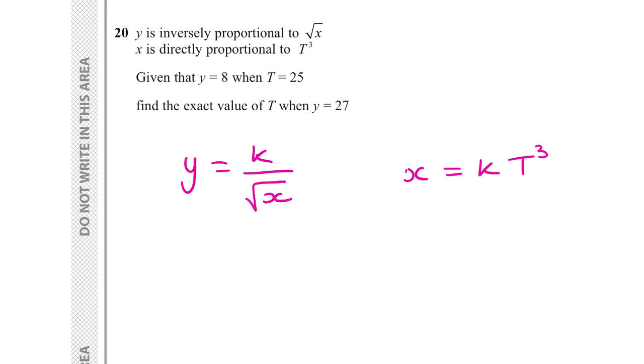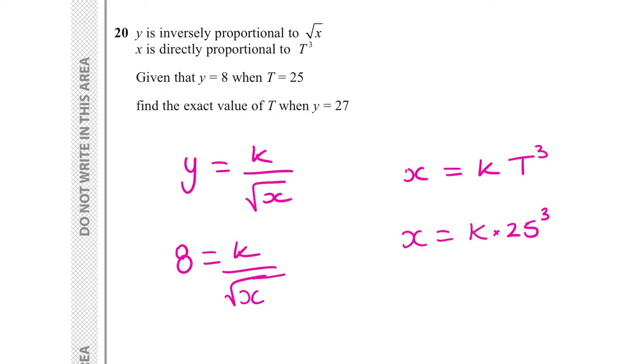Okay. 8 equals k over root x. X equals k times 25 cubed. Yeah? All I've done is fill in all the information.